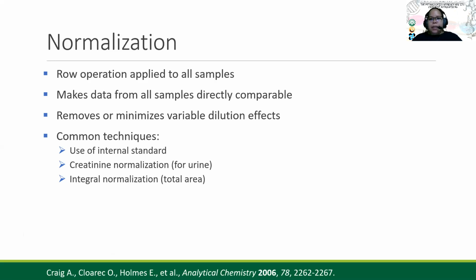So hindi siya pwedeng gamitin din for normalization. And another will be your integral normalization or total area normalization, wherein you sum up the total area across all variables for a particular sample and then use it for the normalization in order to get relative ratios versus that total area.